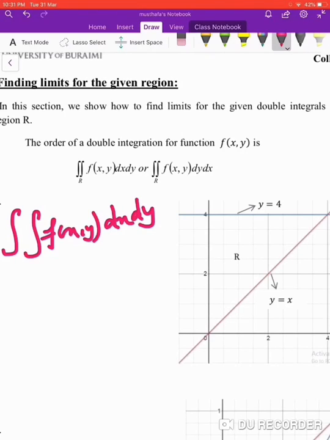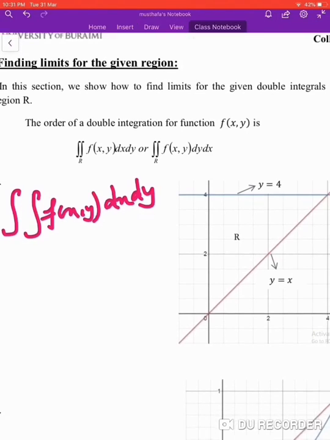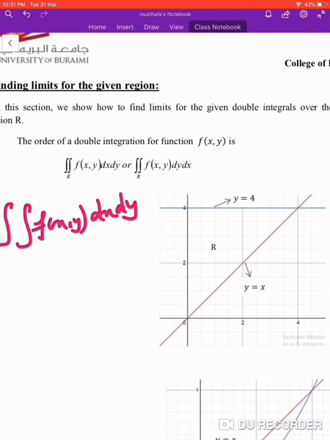So if it is dx dy, as I said before, you are going to shade the region by horizontal lines. Before you shade the region, let us see the endpoints of the given graph.